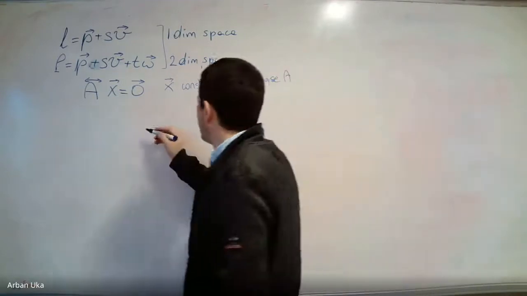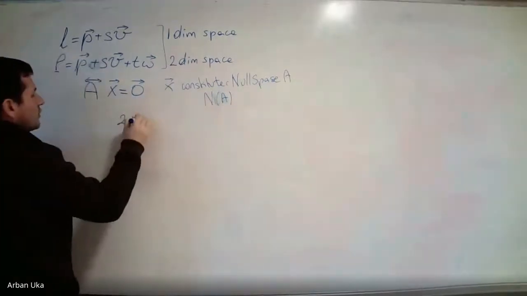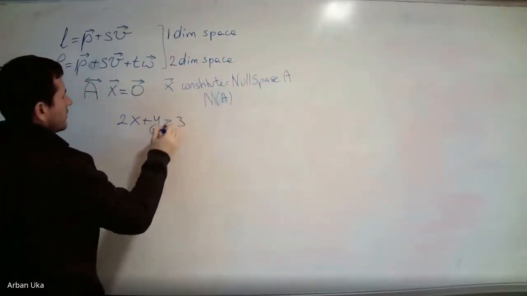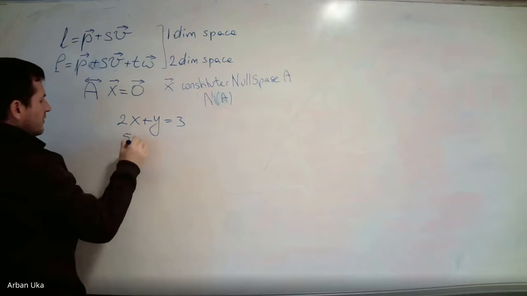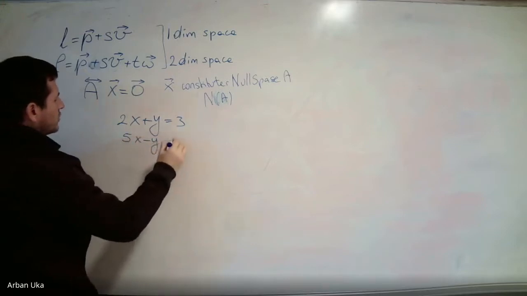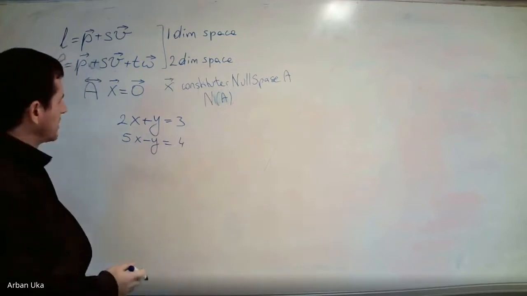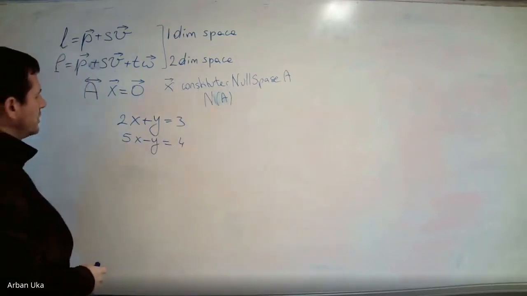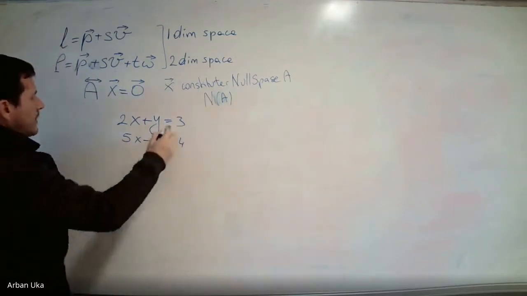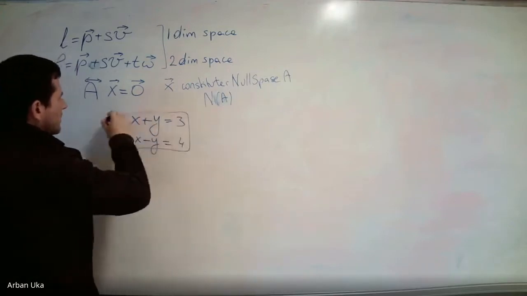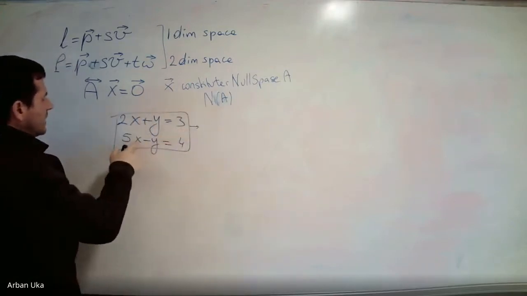So this is the null space. Or we can also have the following. Let's assume that we have 2x plus y equal to 3, and 5x minus y equal to 4. So this is a system of equations. Let's try to find the solution. We can add the two equations.